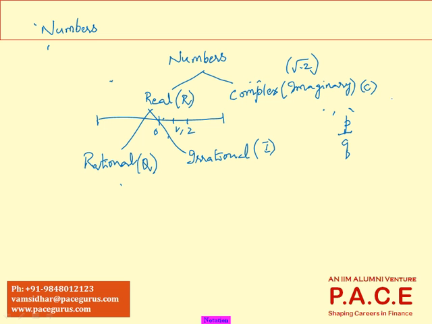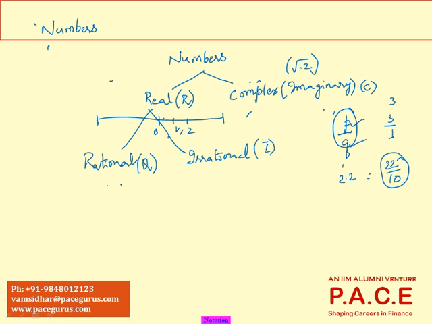So if I take the number 3, I can very well write it as 3 by 1. Or if I take 2.2, I can write it as 22 by 10. Any number which can be expressed in the form of P by Q, where both P and Q belong to the world of integers.